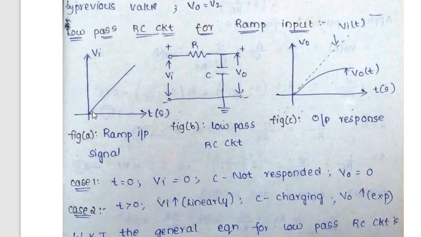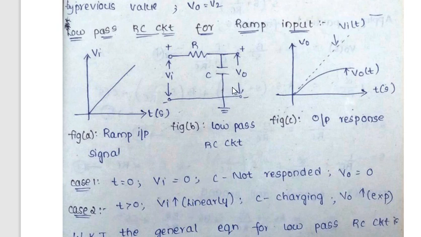Now, in the first case, at t equal to 0, the input signal is also equal to 0. Whenever we apply that 0 signal to the input of the low-pass RC circuit, initially we can assume that there is no voltage across the capacitor. Therefore, for the 0 input signal, the response produced by the capacitor is also 0.